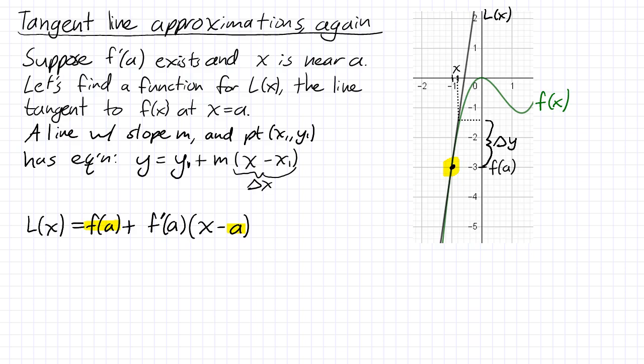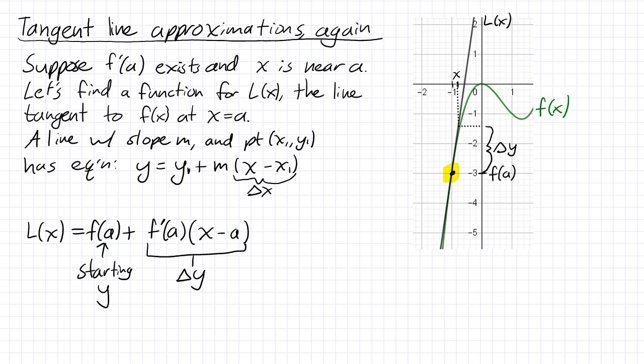And again, you always just want to think of this as the starting y coordinate, and then this whole thing is the change in y. And so this is really useful because if you take a value of x that is really close to that value of a, then this becomes very, very precise.